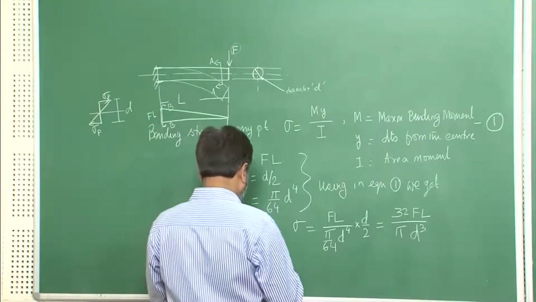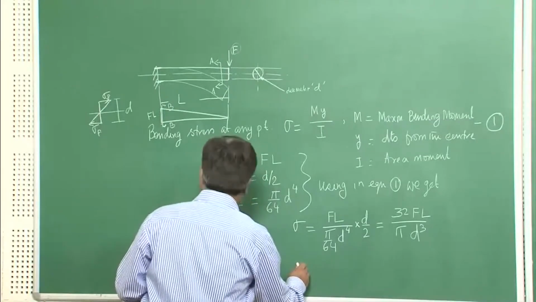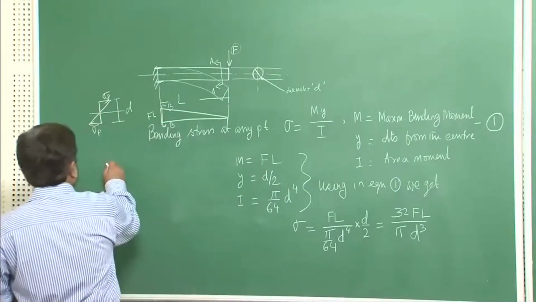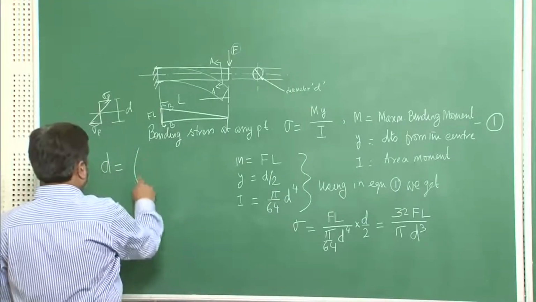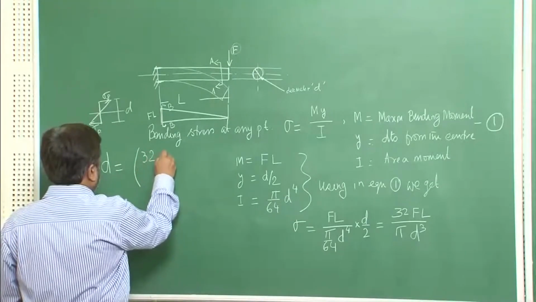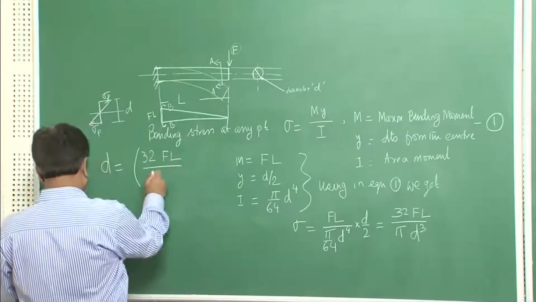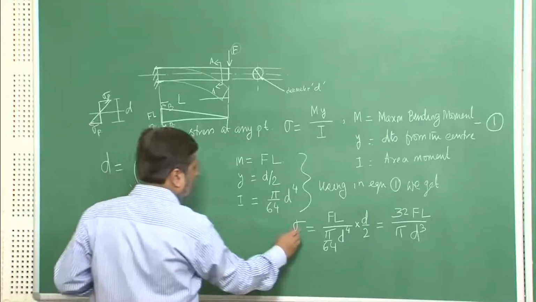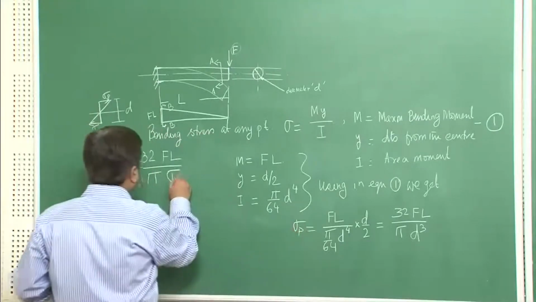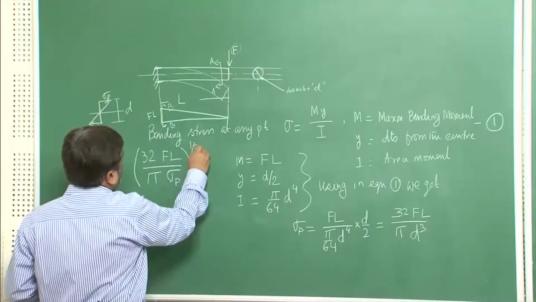In other words, I can write the equation here, which will be useful for us further, that d equals 32 FL over pi sigma peak, to the power 1/3.